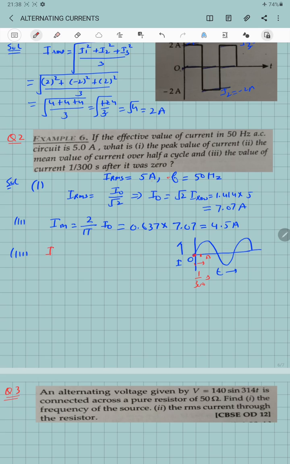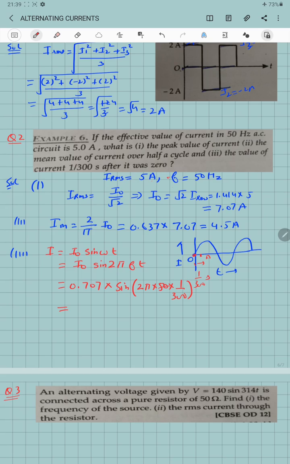We know that I is equal to I naught sin omega t, which we can also write as I naught sin 2 pi f t, because omega is equal to 2 pi into frequency. So it will be 0.707 multiplied by sine of 2 pi, frequency is 50, time is given to us, which is 1 over 300.